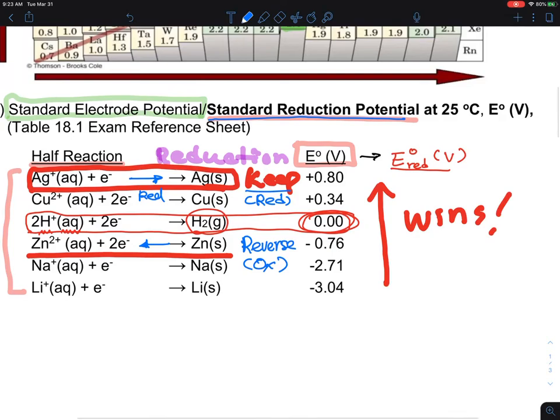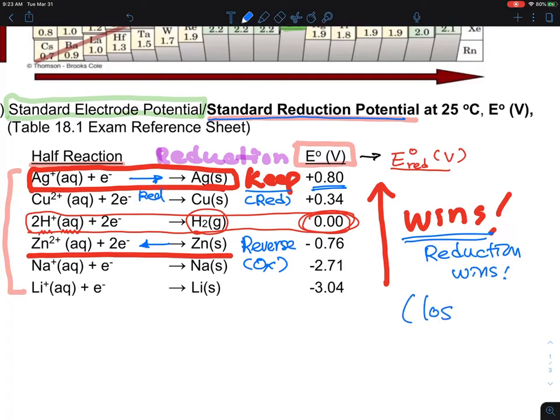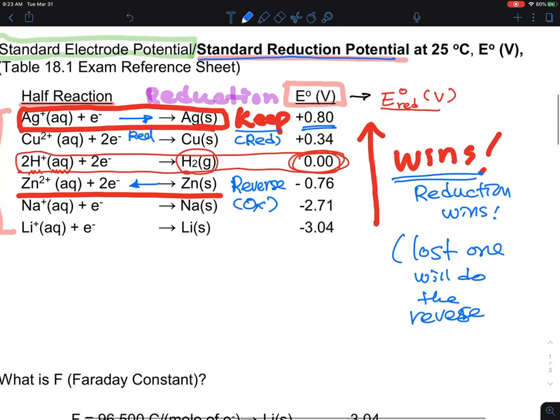Just think about whichever has the larger, higher, bigger value, that is the one that wins, meaning a reduction wins. The last one will do the reverse, because they lost the battle for the competition of the electrons, so they will do the reverse reaction.